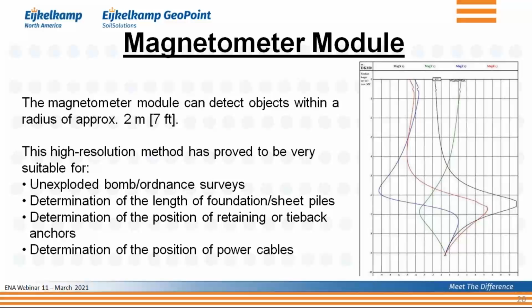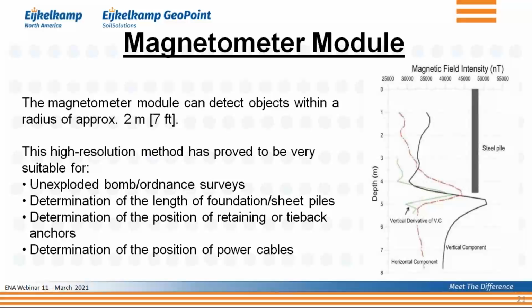But it can also be utilized, as you can see here, for the determination of the length of a foundation or a sheet pile. You can also use it for finding the position of a tieback anchor or another anchor, or even power cables. As long as you have ferromagnetic metal in the ground, you can detect its presence with the magnetometer.